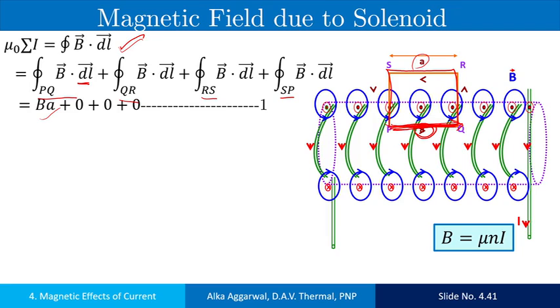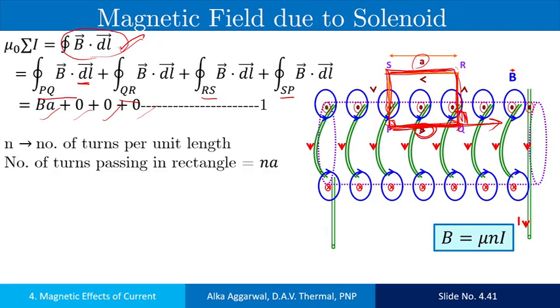Now for QR, as the magnetic field is in this direction and the side is in the perpendicular direction, the value of cos 90 is 0, so this is 0. Similarly for SP, the angle is 90, so this value is 0. And for RS, which is outside the solenoid, where the magnetic field is 0, this is also equal to 0. So the left hand side expression, the integral of B dot dl, is equal to Ba.